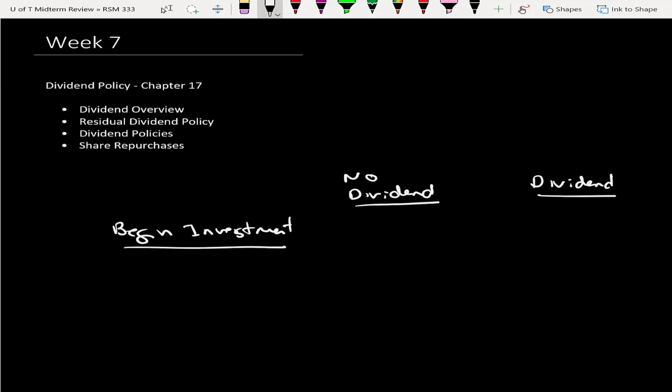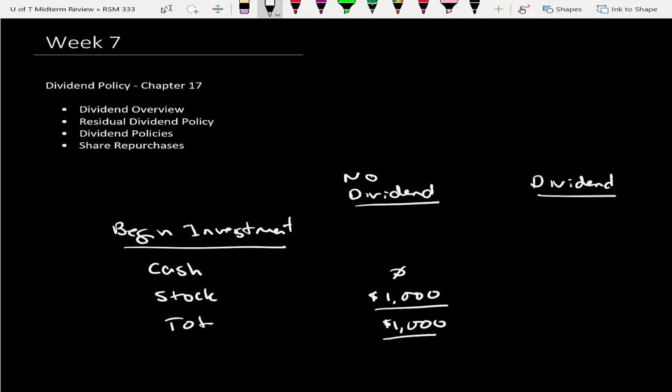Let's look at it from the perspective of an investor. We'll look at your investment statement at the beginning of the month. You open your investment statement, and let's say you invested everything. You don't have a cash balance any longer, but you have $1,000 in shares of this company. Your total worth in this account is 1,000, and both scenarios start in the same position.